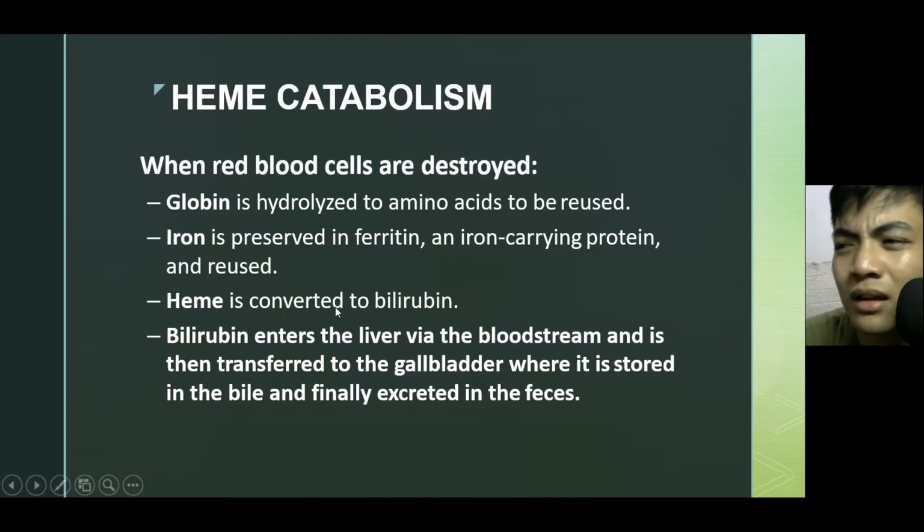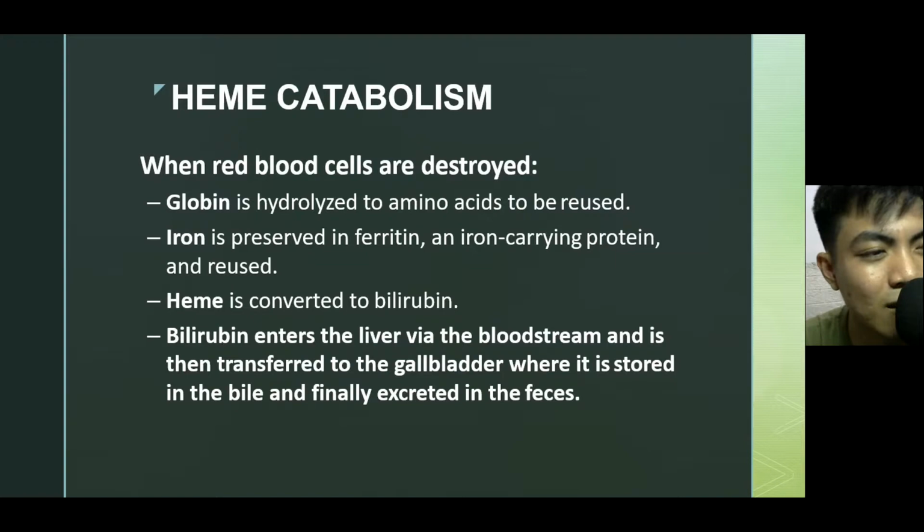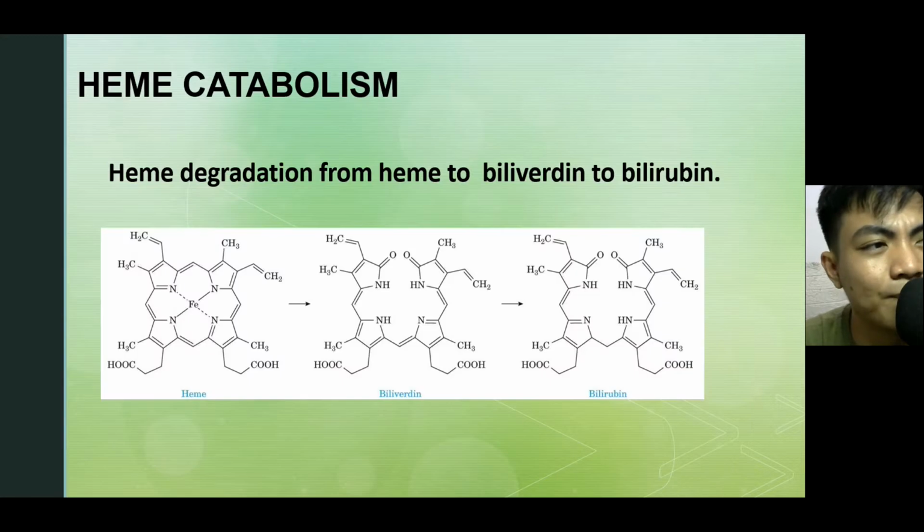And that bilirubin can enter the liver and can be converted further into what's called bile. Okay, so it can be used as bile, no? And it will be excreted in the feces. Okay, so this shows the degradation of heme from heme to biliverdin and bilirubin.